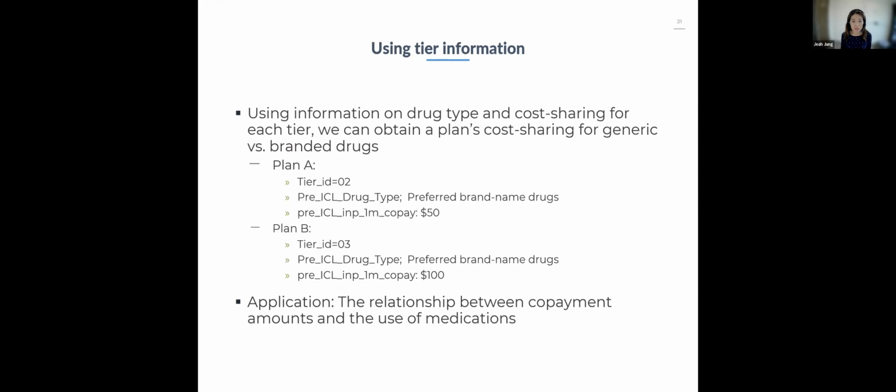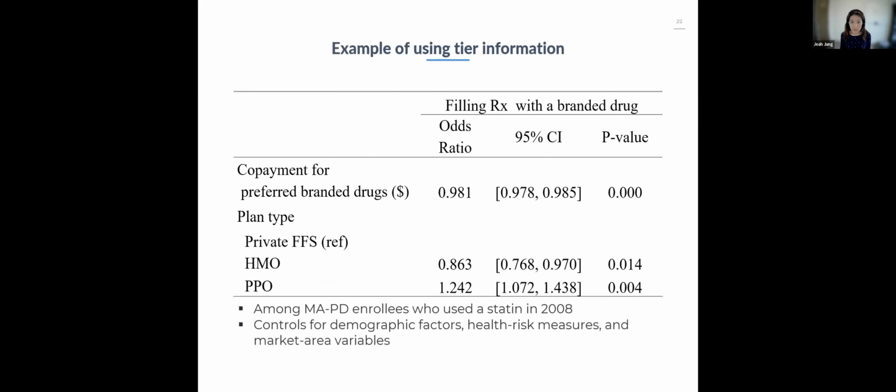So once you look into this data, sure, I can do a study looking into the relationship between co-payment amount and use of medications. This is an actual study. This is not the final result, which we published in a paper, but in a much more refined way we constructed the variables.